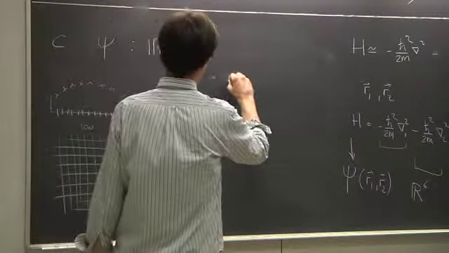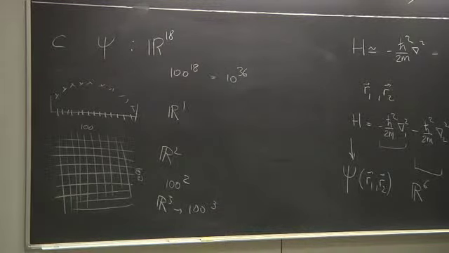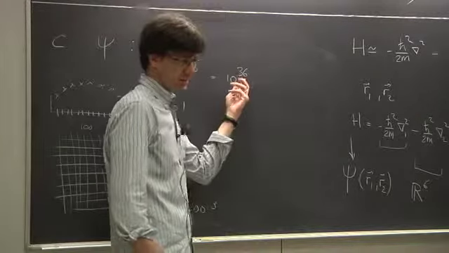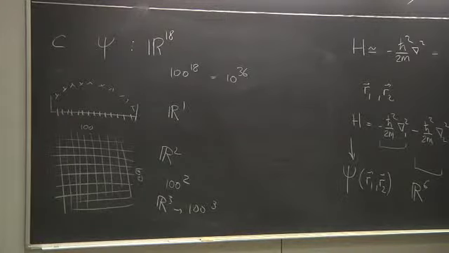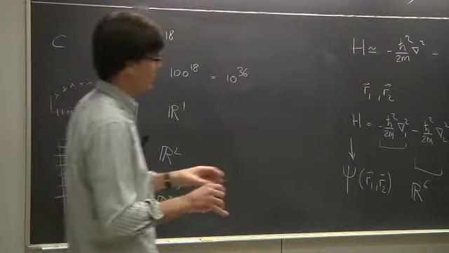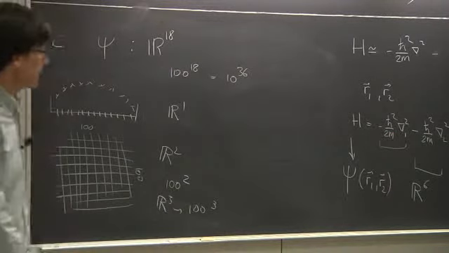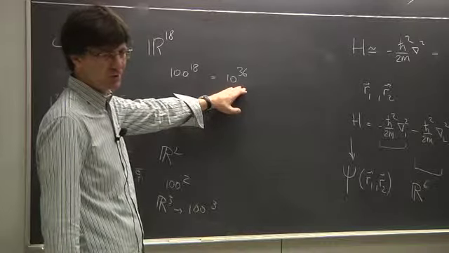That is 10 to the 36 points. So you need to store in your computer 10 to the 36 real numbers just to store the wave function. We're not yet even started with trying to solve the problem. No computer on Earth would be able to store that.